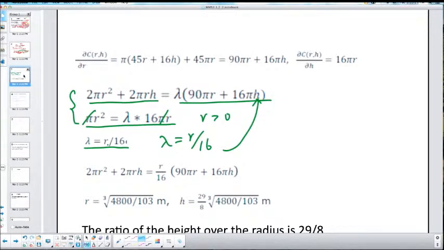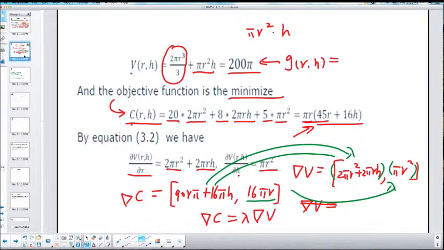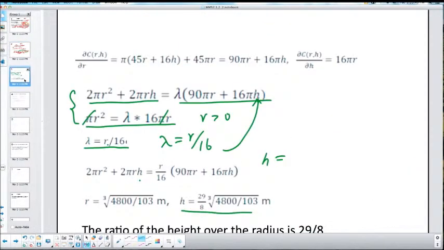Well, we have the third equation, the volume. We plug in this, and we find that h can be written in terms of r. And then we plug h and r into the constraint g(x) equals 0, and then we're going to solve for r and h. That's not too hard. It's just the substitution method.